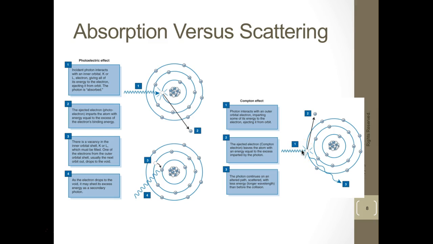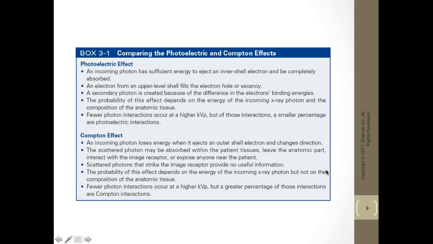The ejected electron here, number 2 right here, is the Compton electron, and it leaves the atom with an energy equal to the excess imparted by the photon. Then the photon continues in an altered path, scattered, with less energy and a longer wavelength. So here it deposits some energy and the original photon loses energy here.